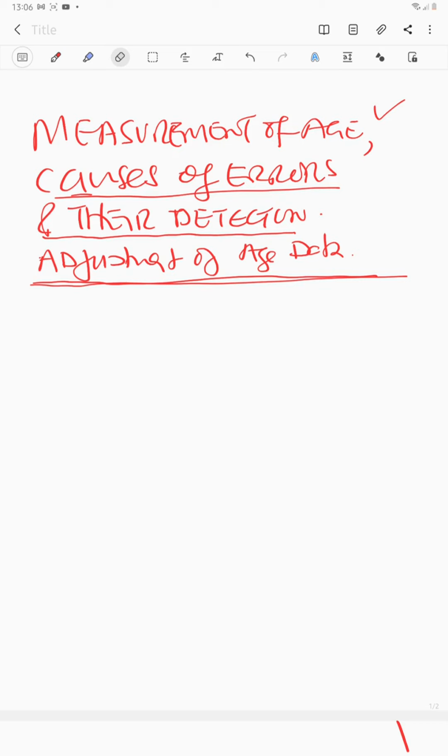Some of these particular errors can be determined by the people when they report, like their ages. For example, when people are reporting ages, they can ignore it or they don't know their age.